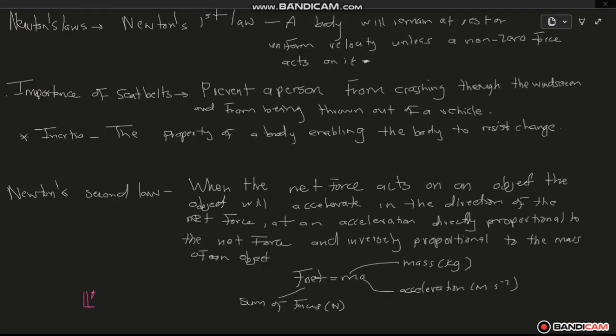Since the definition says that a body will remain at rest or uniform velocity unless a non-zero force acts on it, for an example, an object will never move unless there is a force that is applied on it, meaning that an object that is at rest will only move if there's a force applied on it to make it move, or for its state of rest to be changed.